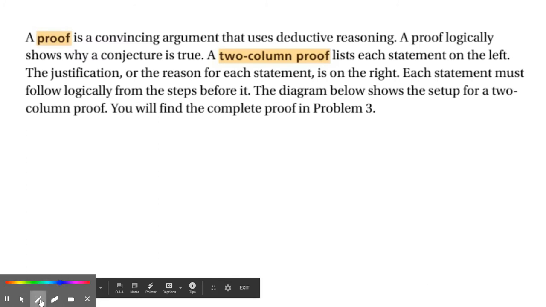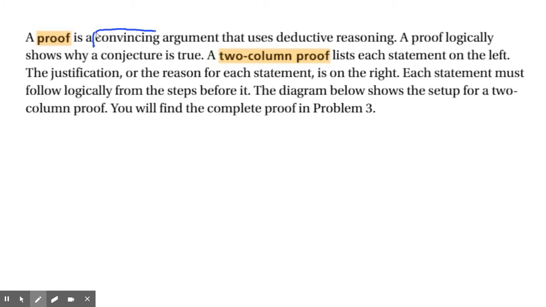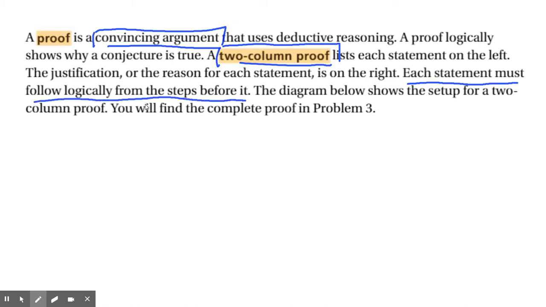Okay, so 2 more slides left. So now, what is a proof? A proof is a convincing argument. We are going to do what are called 2-column proofs, which I will show you on the next page. But this is the idea. Each statement must follow logically from the steps before it. So it's this idea of building, right?